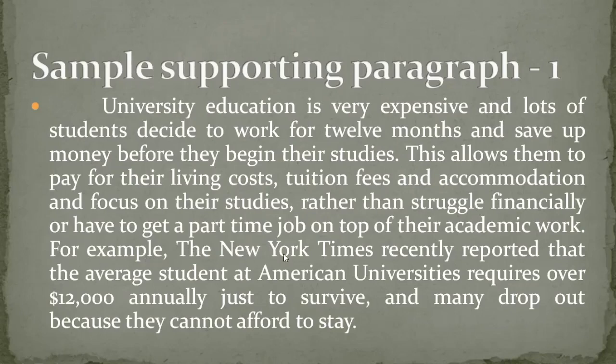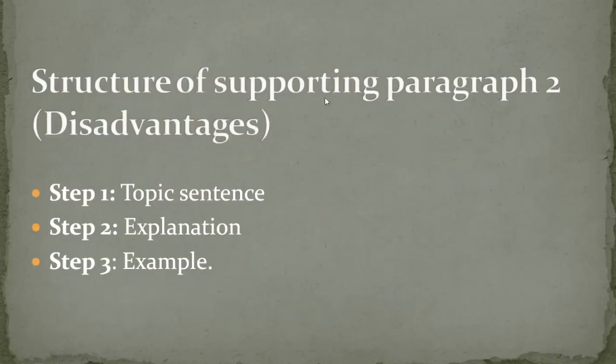For example, the New York Times recently reported that the average student at American universities requires over $12,000 annually just to survive. And many drop out because they cannot afford to stay. That's your example. So you have three components, as I said. You have the topic sentence, the explanation, and then finally the example. Okay. Supporting paragraph 2, what do? Topic sentence, explanation, example. It's the same.